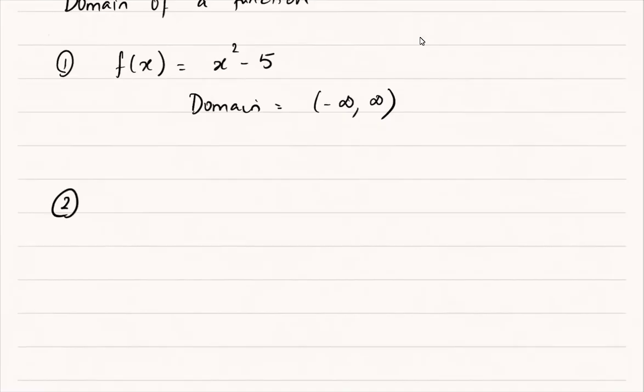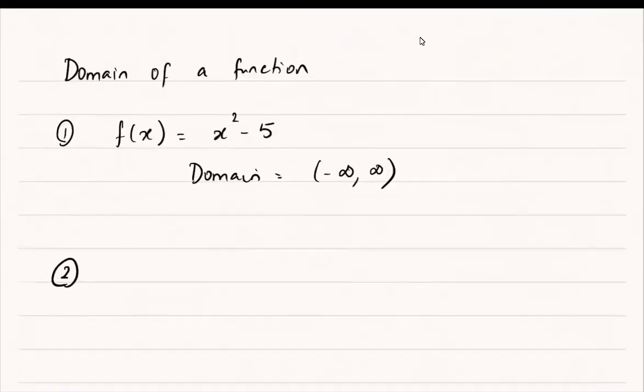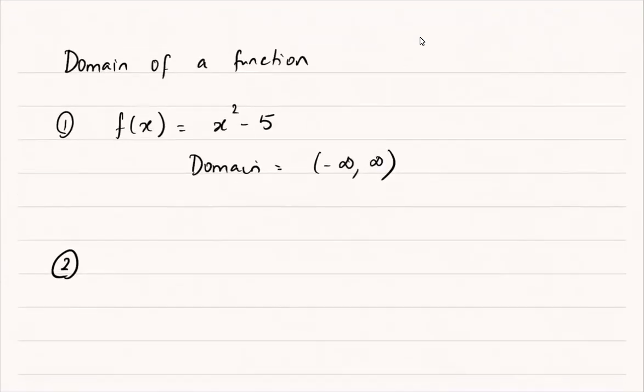Now, when do you have to start worrying about domain restrictions? There are two scenarios that you will have to look at. In the first scenario, you want to make sure that division by 0 is not allowed. So whenever you have a potential for division by 0, you will have to restrict the domain.